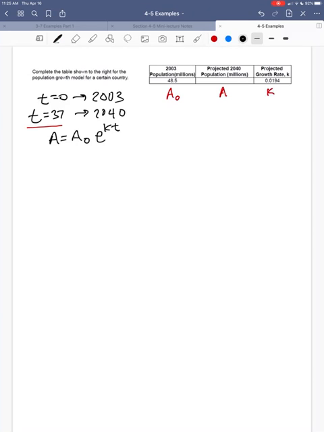I don't know A. a sub 0 is going to be 48.5. We've got e. My k value is 0.0194.